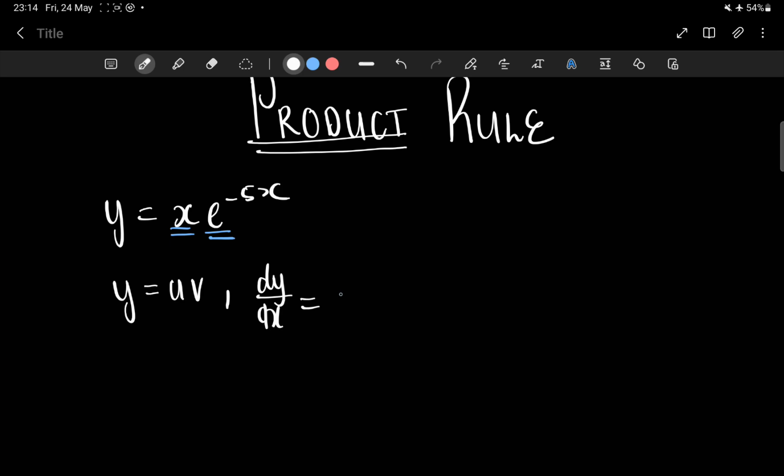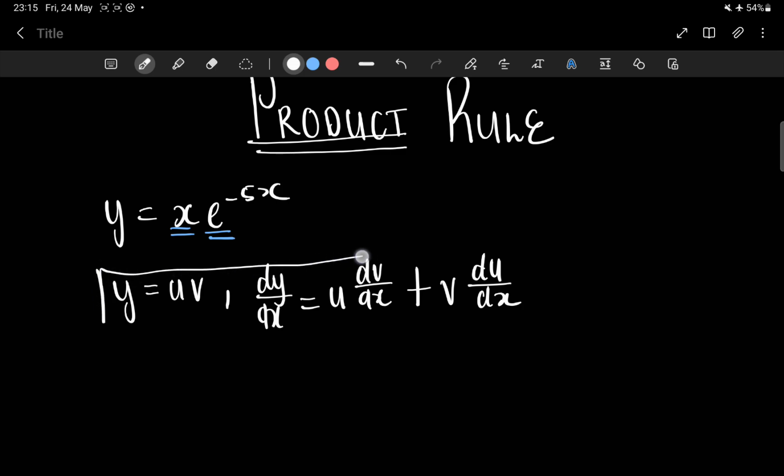Dy dx will be equal to the first u times the derivative of the second dv dx, then plus the second v times the derivative of the first du dx. That's what the product rule says.